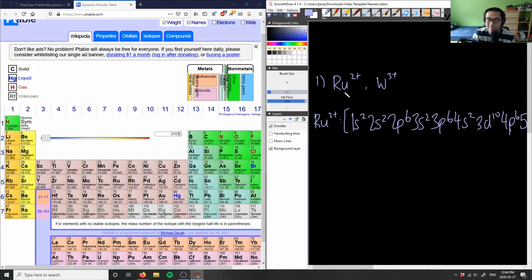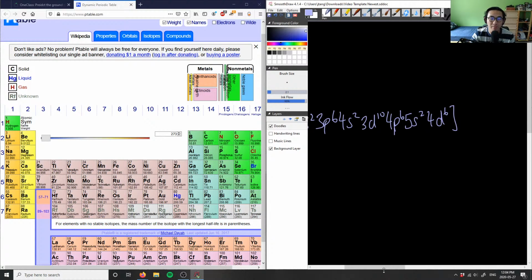Then it's asking about ruthenium with a charge of 2+. That would mean removing 2 electrons from this 4d6, so 6 minus 2 would be 4.